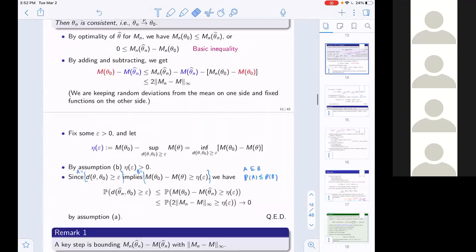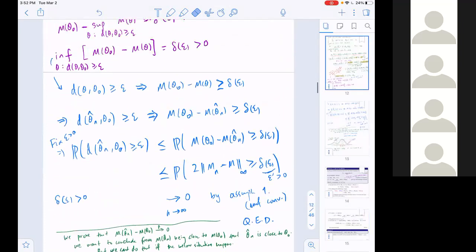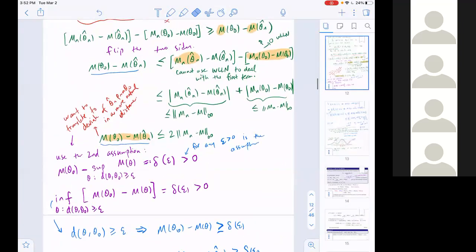Let's go back to the proof here. What we ended up showing is that for the M estimator, this quantity goes to 0, right? And this would be the KL divergence between, so in the context of, let me go back maybe down.